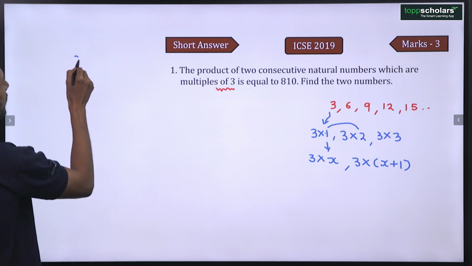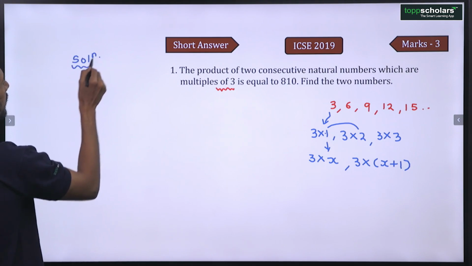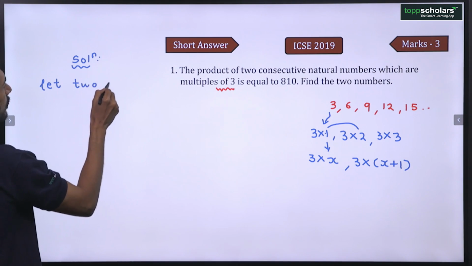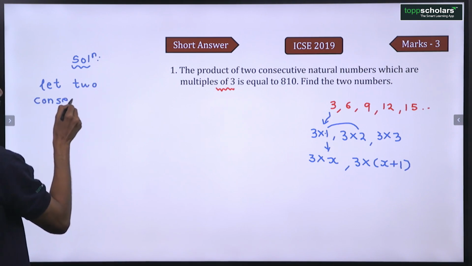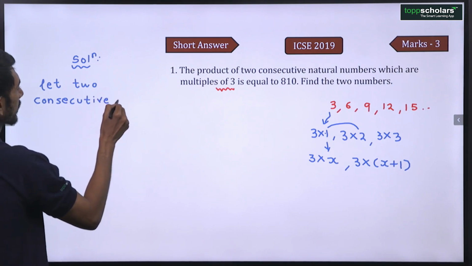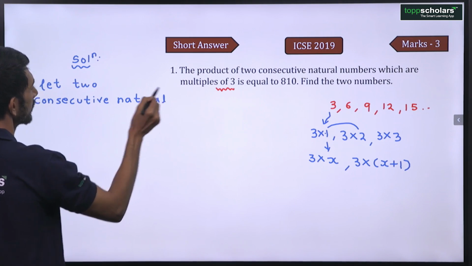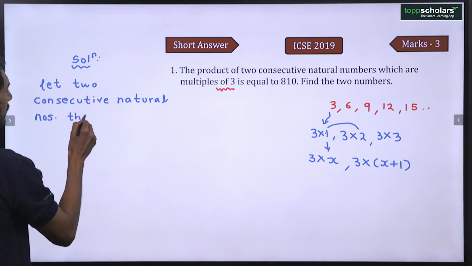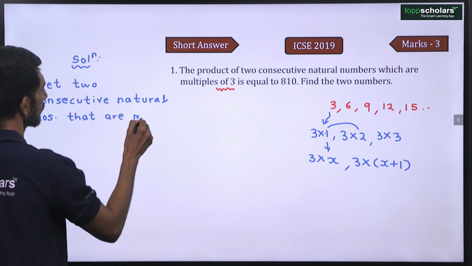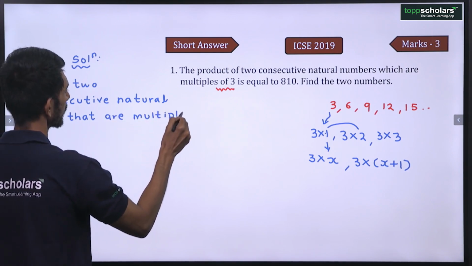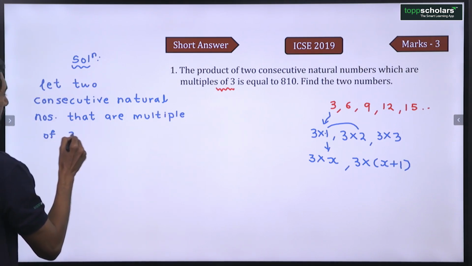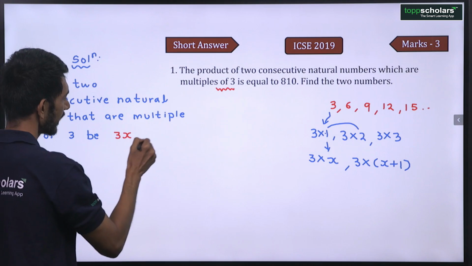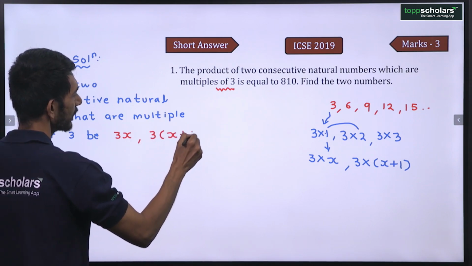So can I say here, let two consecutive natural numbers that are multiples of 3 be, we are going to consider 3x and then 3x plus 1, right?